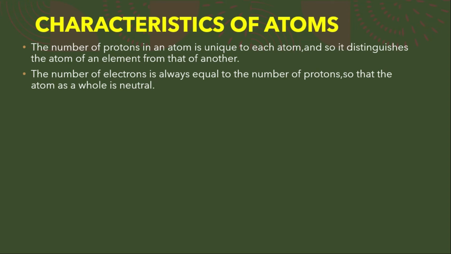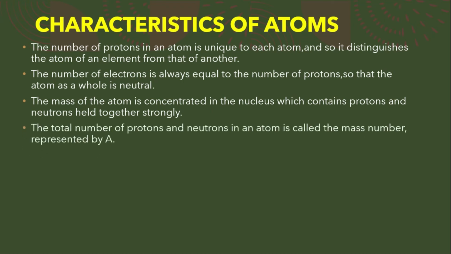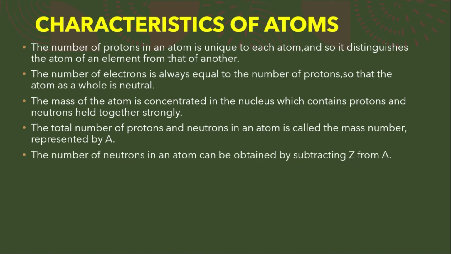And the mass of the atom is concentrated in the nucleus, which contains the protons and the neutrons, which are held together by a strong force which we call the nuclear force. The total number of protons and neutrons in an atom is called the mass number, which we show by the letter A. And the number of neutrons in an atom can be obtained by subtracting Z from A.